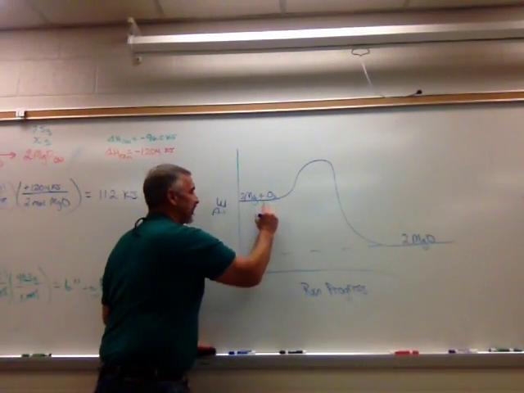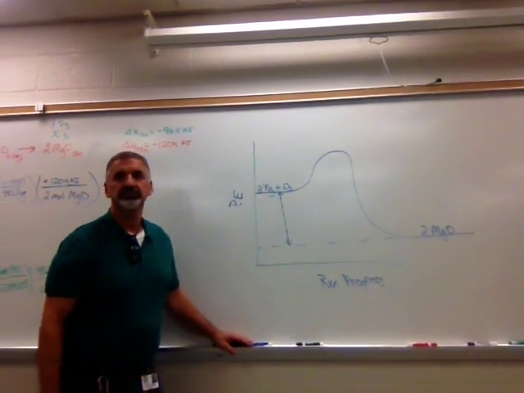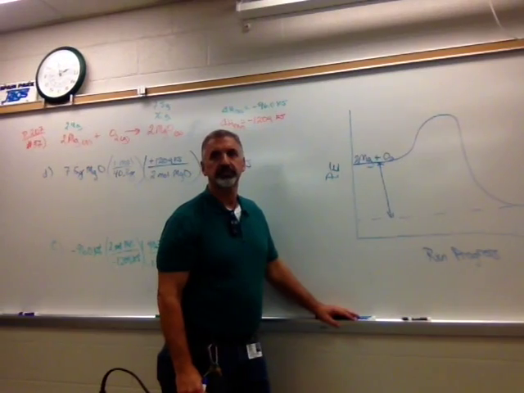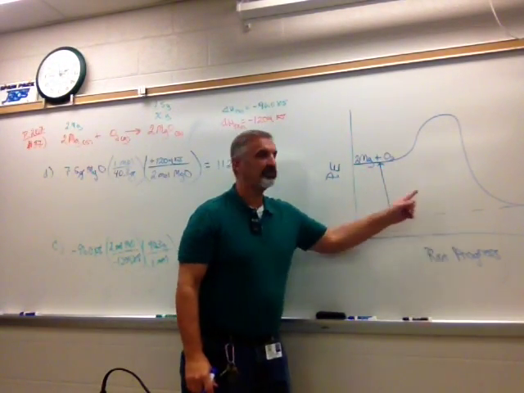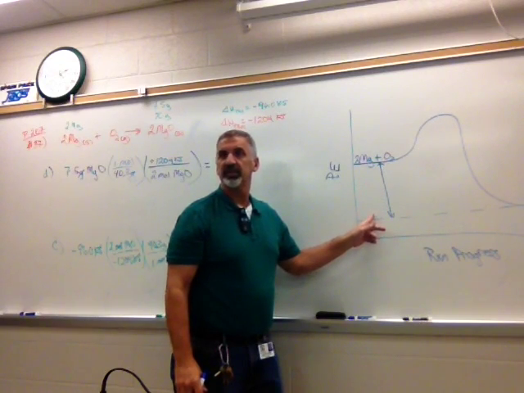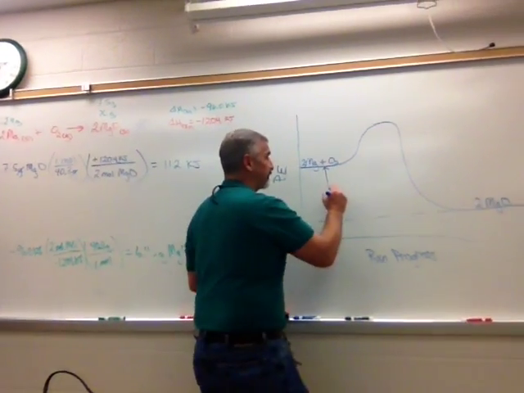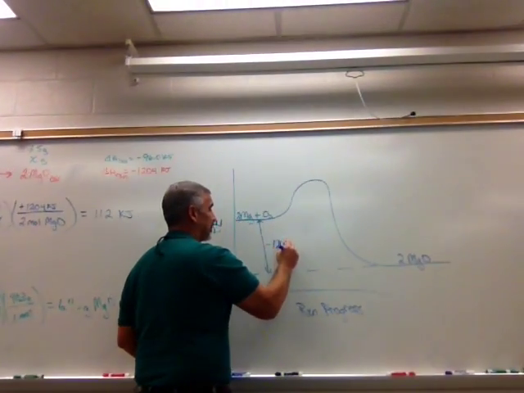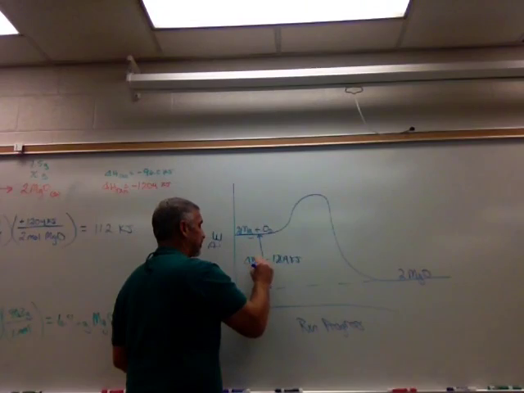What is this value going to be, from here going left to right? Negative, but negative what? 1,204. That's my delta H of the reaction.